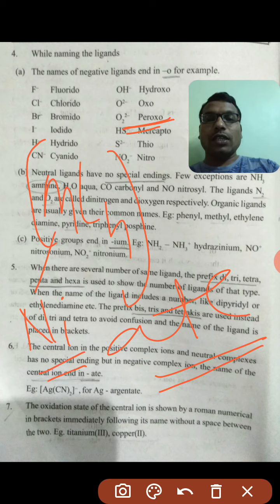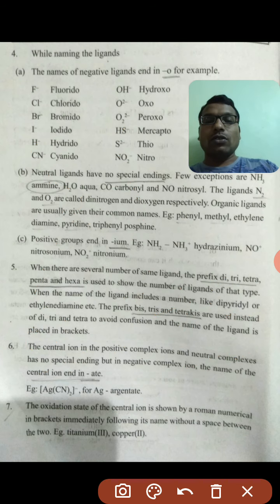The nickel is present in a negative complex, so we write nickelate. Okay? So always, for the negative complex, the metal ion ends in ate.